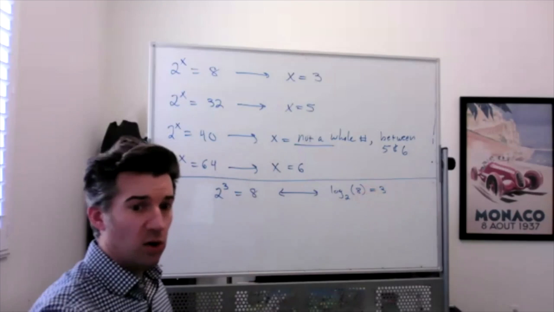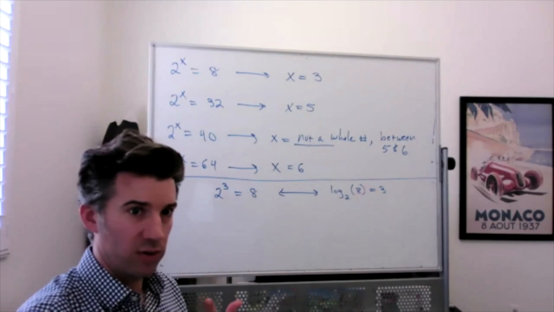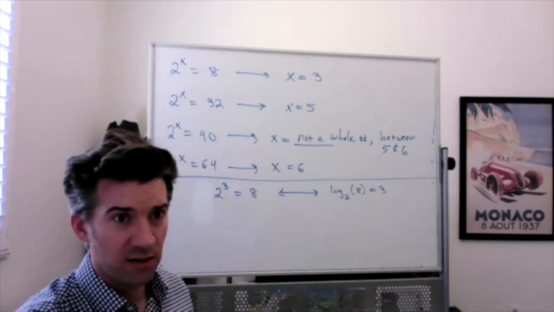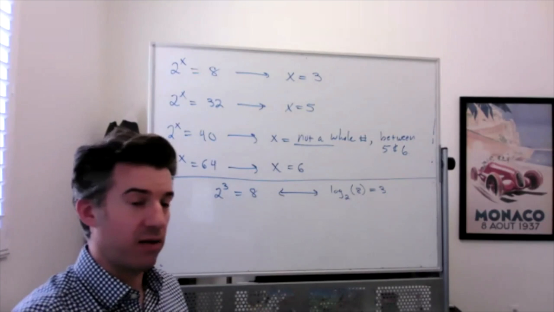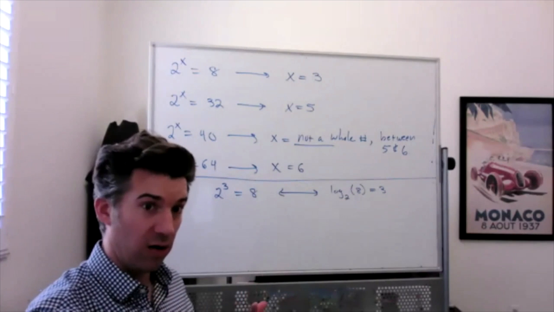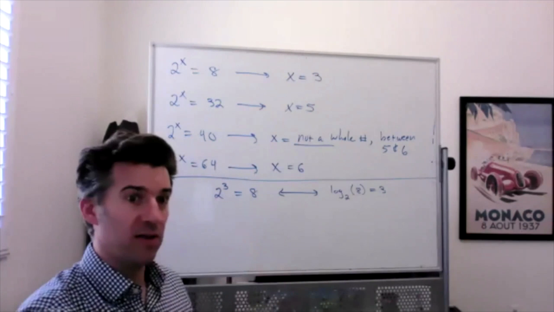And I really encourage you, when you write down a logarithm like that, you say those words. Don't just say log 2, 8. Say log base 2 of 8 equals 3. It'll help you remember what things really are. Right? The base is 2. It's equal to 8. And then you get 3.